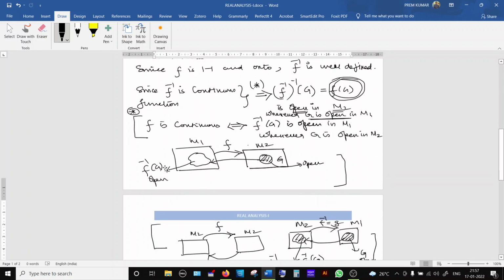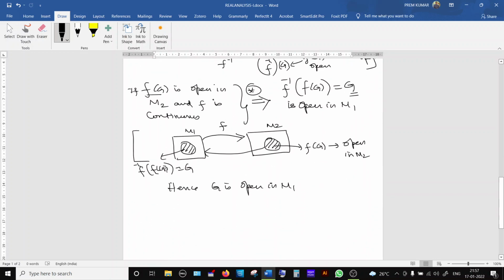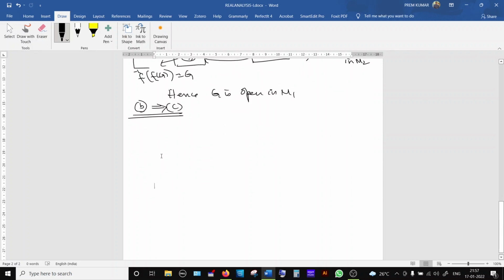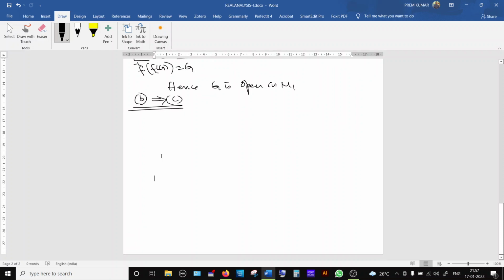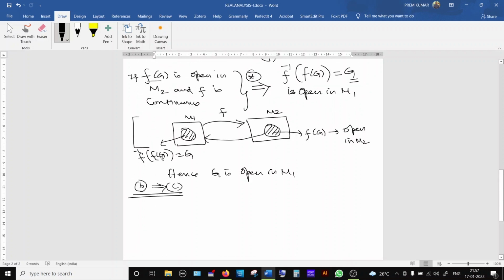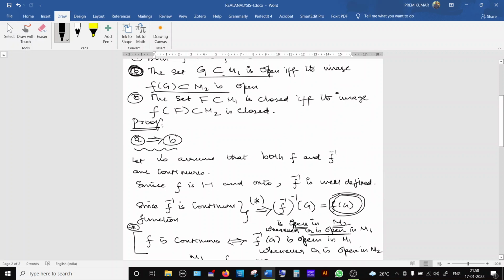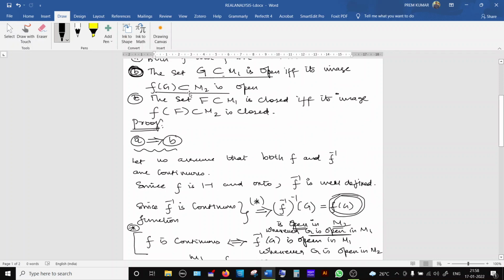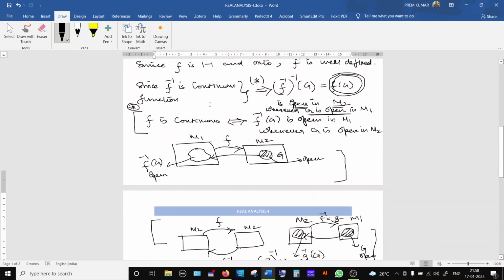Now, next we are going to prove that if B is true, then it implies the truth of C. So we are going to assume that B is true and prove that C is true. What is C? Same thing for closed sets.